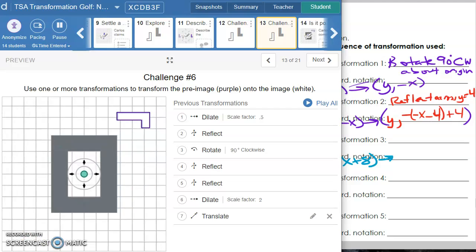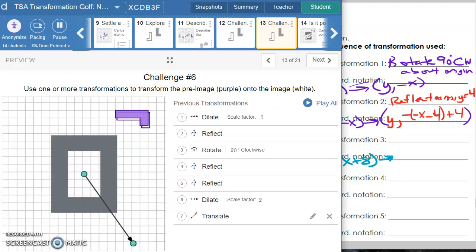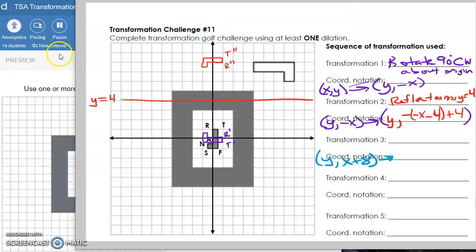Oh, I reflect across the axis next, and then I dilate. So this next one is a reflect across x equals 0. That's the vertical y-axis. x equals 0 as the line, right?